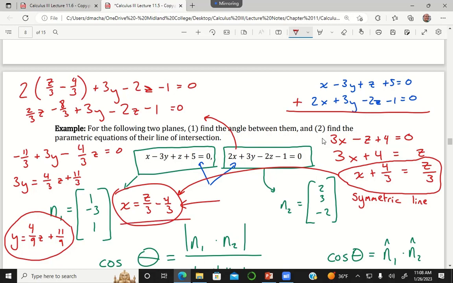And then I also have an equation that gives me my y-coordinate explicitly as a function of my z-coordinate, right? So if you just give me any old value for z, z could be 0 or 42 or negative 500, you can give me any value you want for z, and I will tell you the corresponding x and y values of a point that lie on this line of intersection between these two planes.